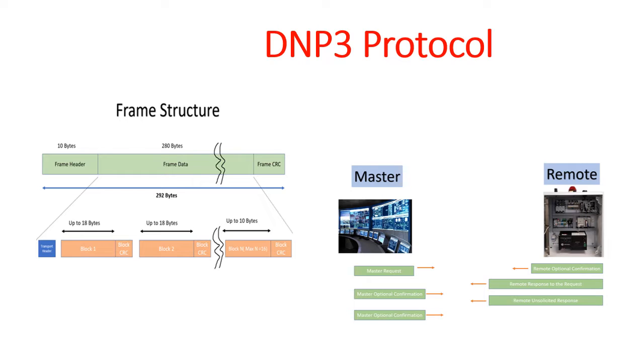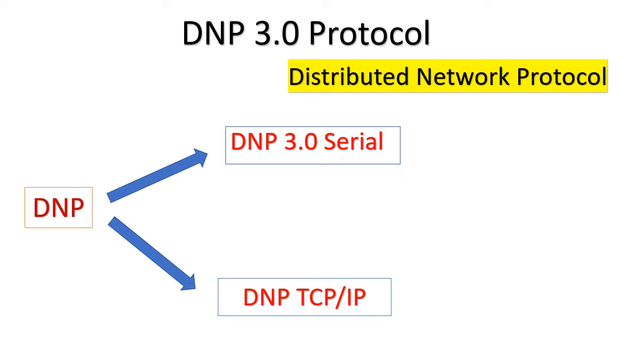So in this particular lecture, we will be discussing how this protocol works, what the applications of this protocol are, what the frame structure is, and what the different function codes used in this protocol are.